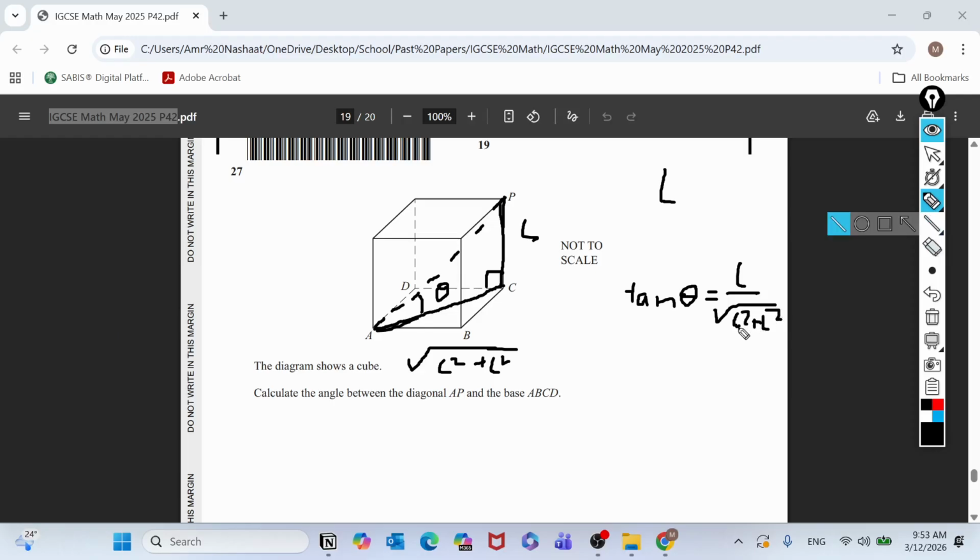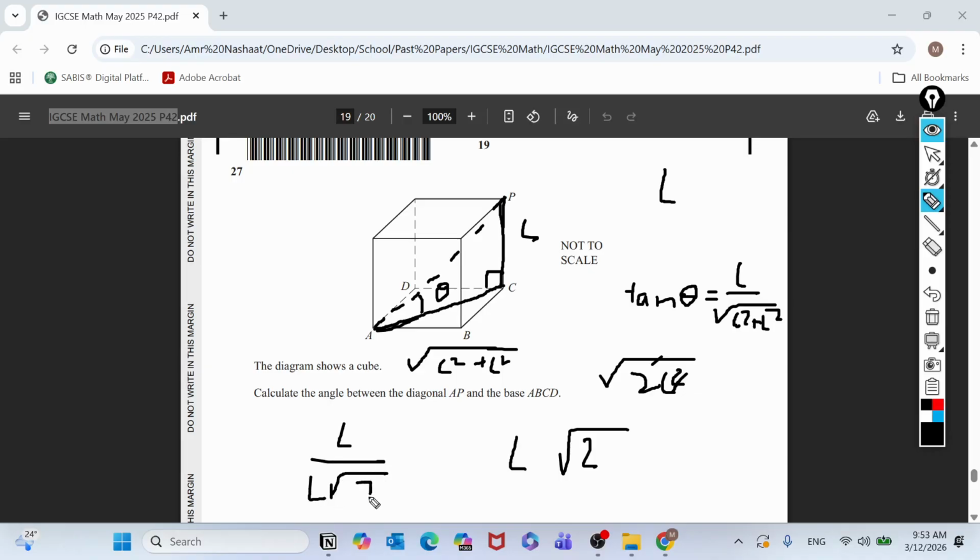The square root of L squared plus L squared, we can say it's the square root of 2L squared. And then we can take L squared outside, take the square root, so you're going to have the square root of 2 and the L outside. So L root 2. So tan theta is equal to L over L radical 2. L and L cancel out, so it's equal to 1 over radical 2.